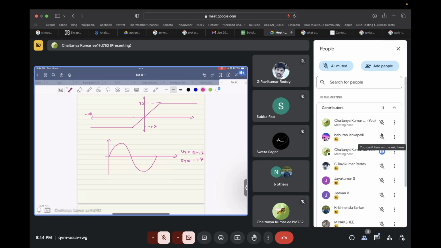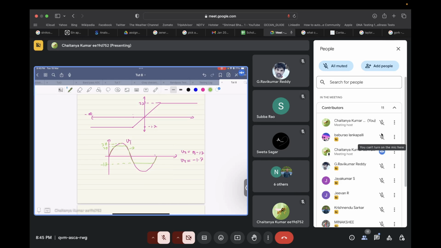This is my input Vi. How will my output look? It will start following the input. It will go all the way up to 2.7 volt and become constant till the time Vi falls back to 2.7. Then again it will start following the input. It will go all the way down to minus 1.7 and again become constant. This pattern will be repeated. So this clipped sine wave will be our output.